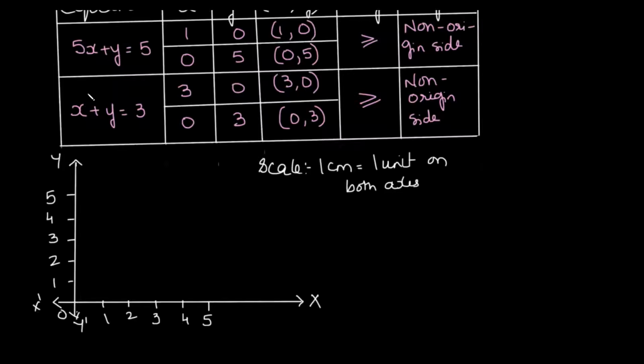Having done that, we go on to plot these points. In the first case, it is 1, 0 and 0, 5 for the first line. So the line comes out this way.